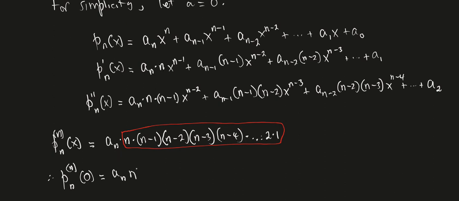So this is n factorial. So this is what I would get if I differentiated this polynomial n times and evaluated at 0. This is my constant. And what we want now, we want this to be equal to the nth derivative of our original function, also evaluated at 0.